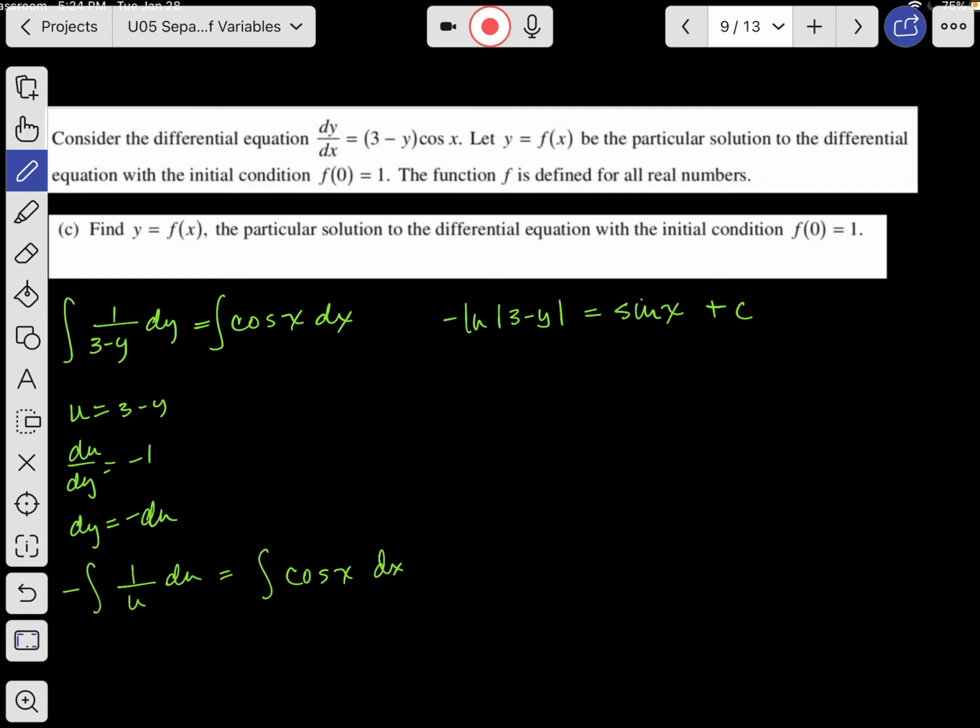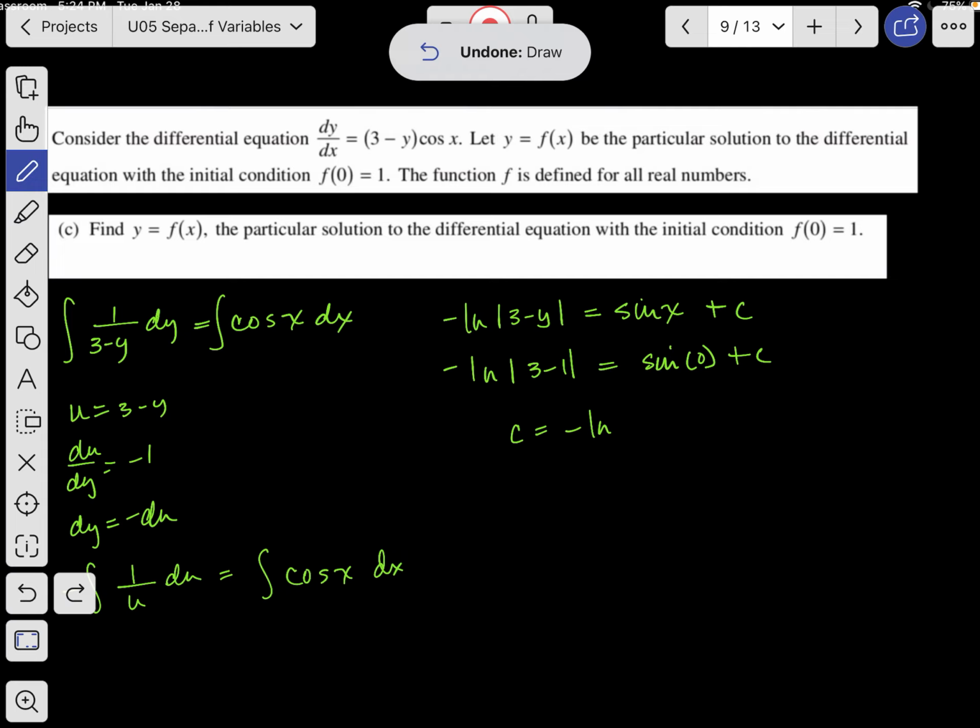And I've got my initial condition (0, 1), so this is going to be natural log of 3 minus 1 equals sine of 0 plus c. Okay, so then I end up with c equal to negative natural log of 2.